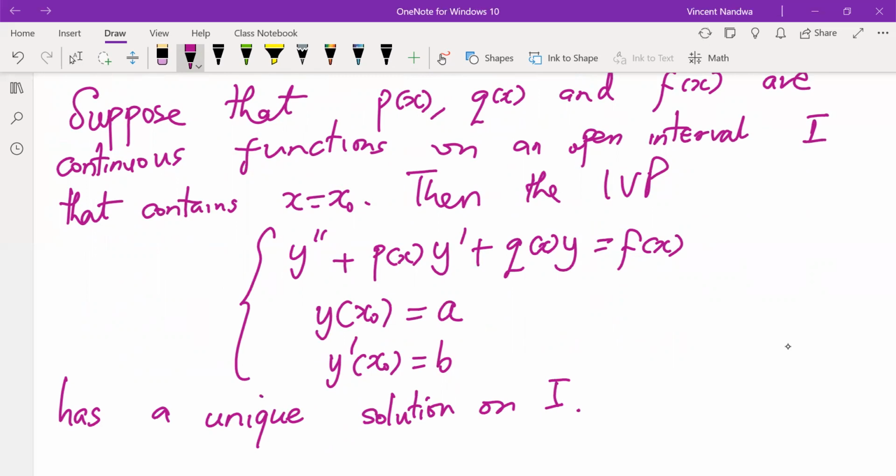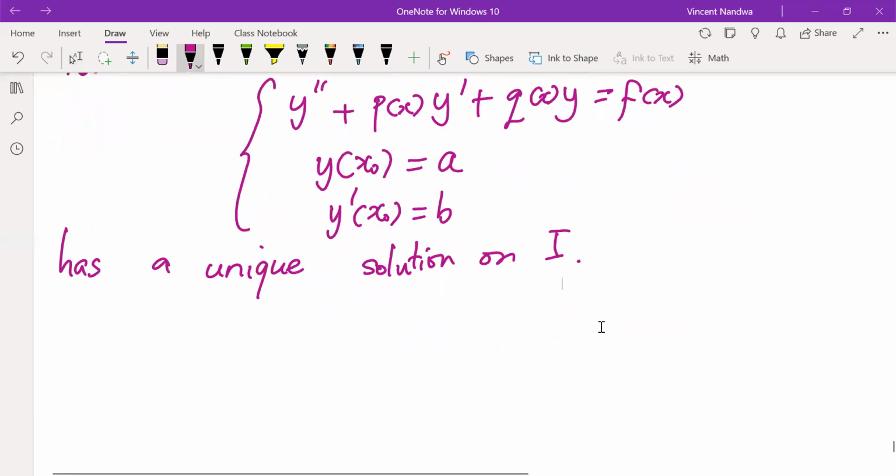So next, let's define what we mean by the Wronskian of a set of two functions, but the same can be extended to more than two functions.